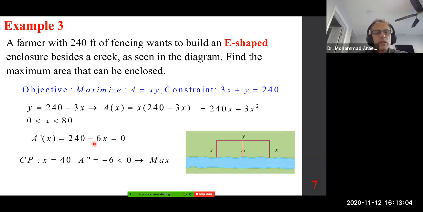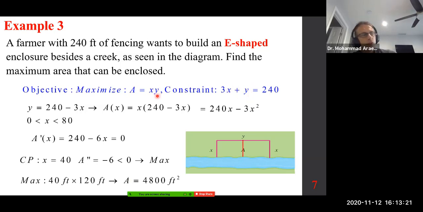So maximum occurs when x is 40. 3x, that means 3 times 40, plus y must be 240, that gives you y. And then x times y. So 40 times 120, those are the dimensions, and the area becomes 4,800 square feet. As always, we should write proper units class.